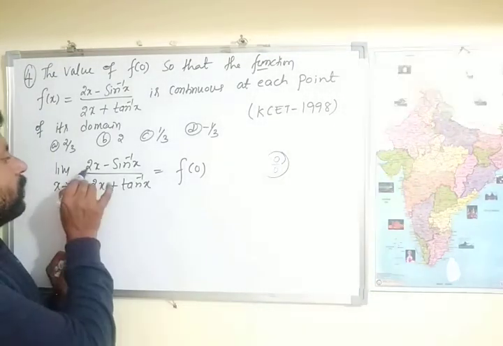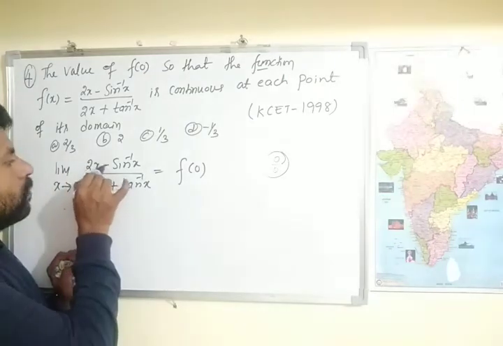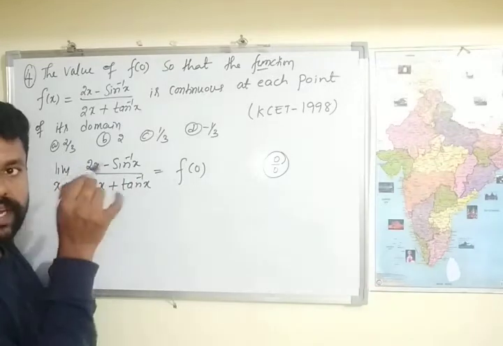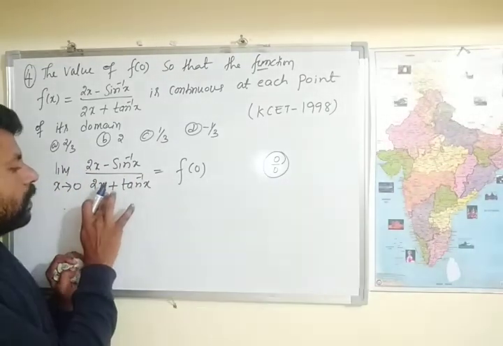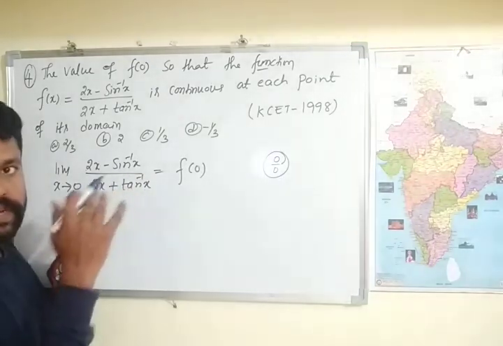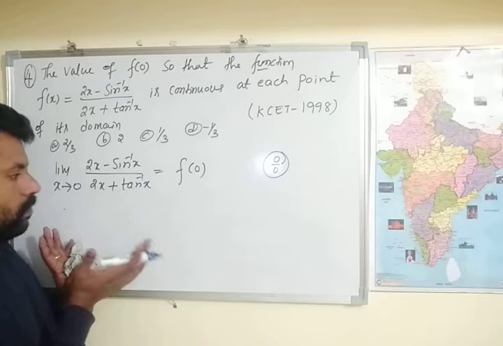The numerator gives 2 into 1 minus 1 divided by root of 1 minus x square, and the denominator gives 2 plus 1 divided by 1 plus x square.